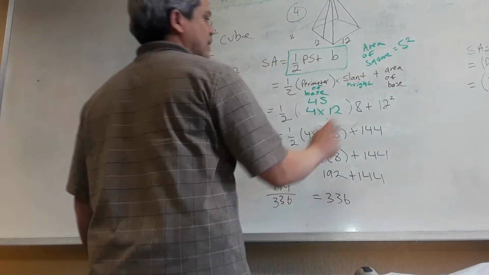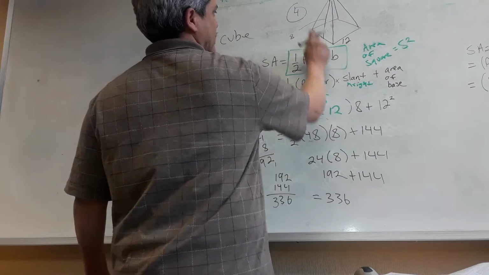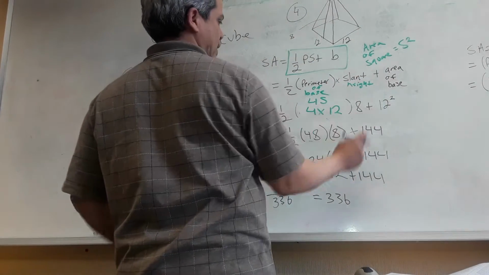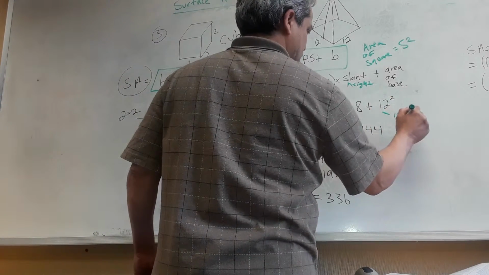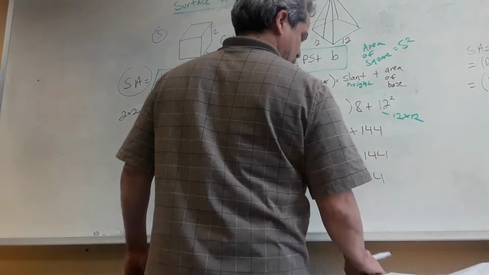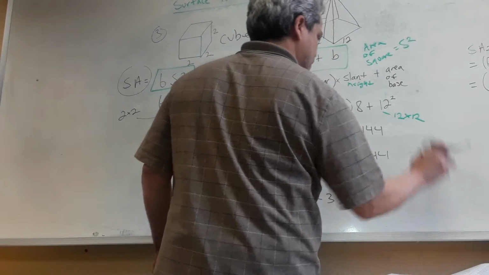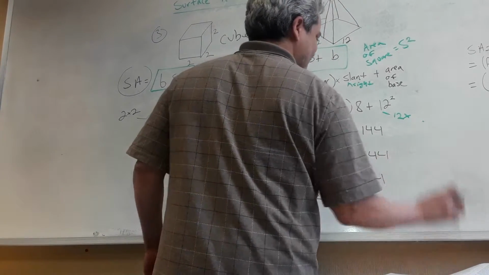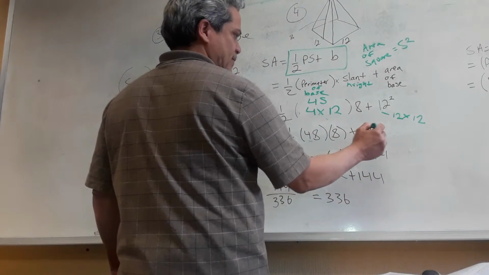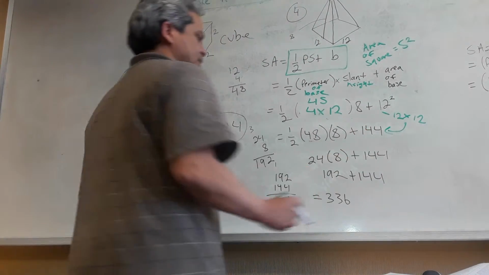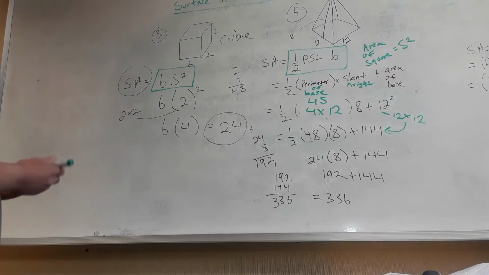The side is 12 squared, which is 12 times 12, which is 144. All right, so there you go. Now you see how I got my numbers.